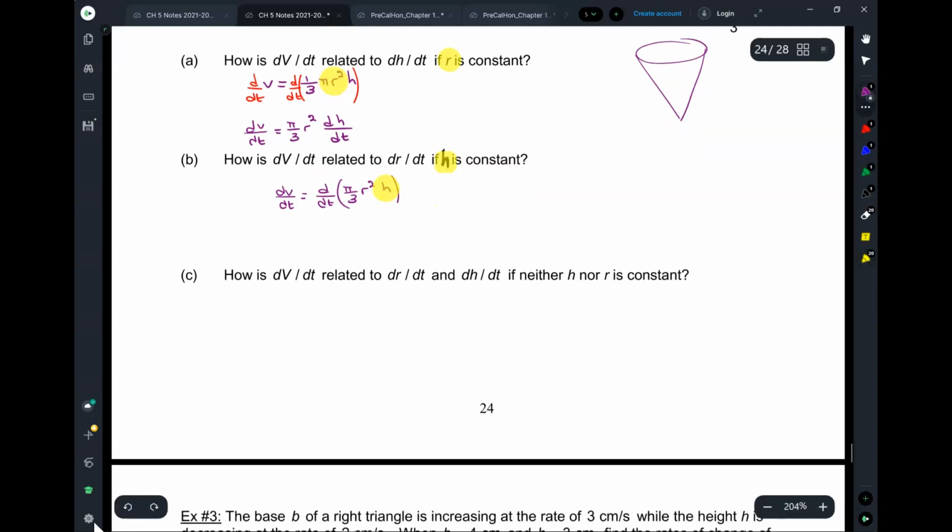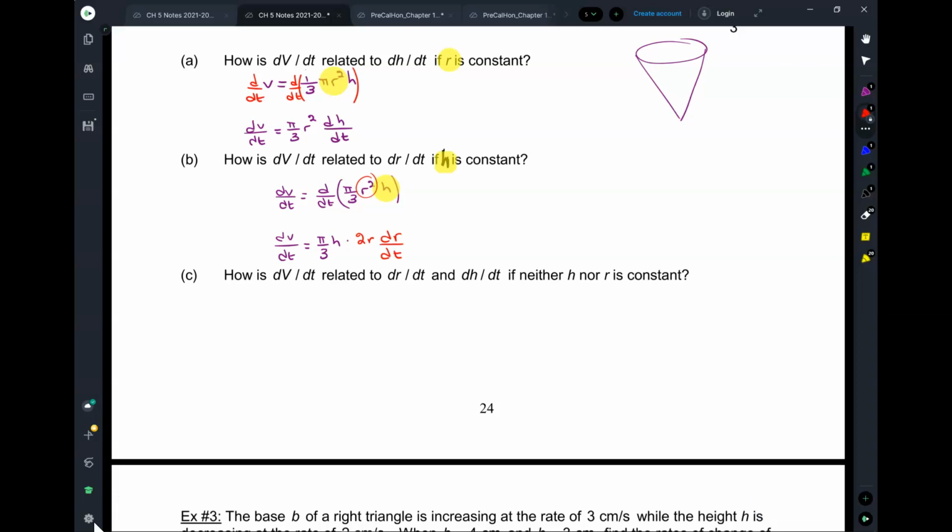So let's pull out all of the constants. So that's pi/3 times h, those are all the constants, times, now I need to take a derivative of the r squared, right? So it's 2r dr dt.